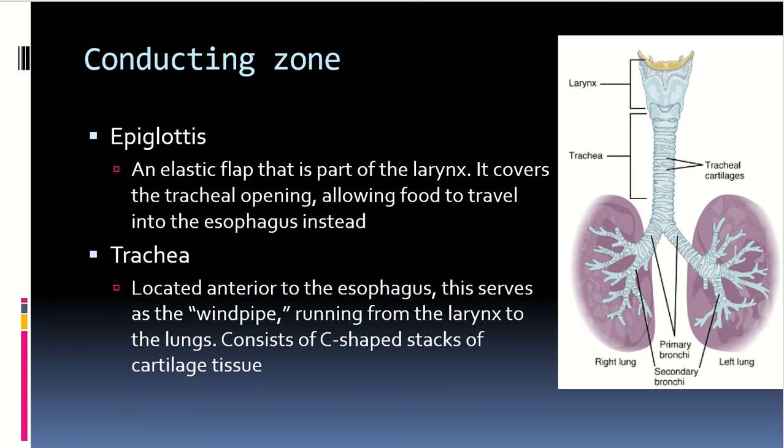This goes from the larynx and then eventually branches off into each lung. It's the long cylinder going from the larynx to the first initial branching of the bronchi.